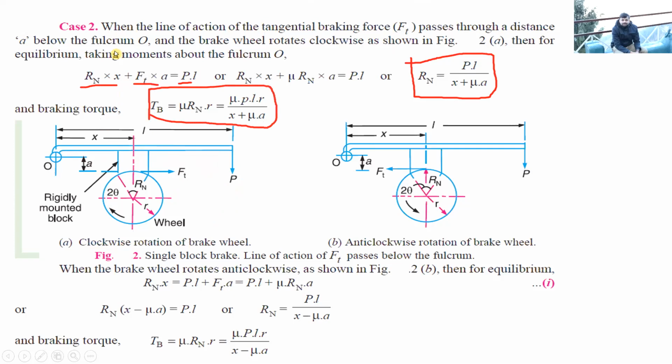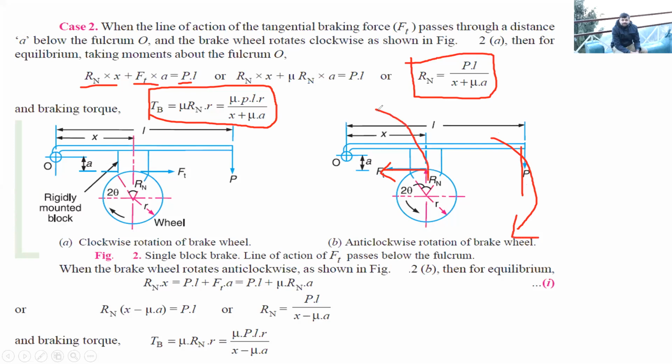Now, when this is rotating in anti-clockwise direction, the direction of Ft will change, and hence now it will try to rotate this system in clockwise direction. So this P will rotate the system in clockwise direction.